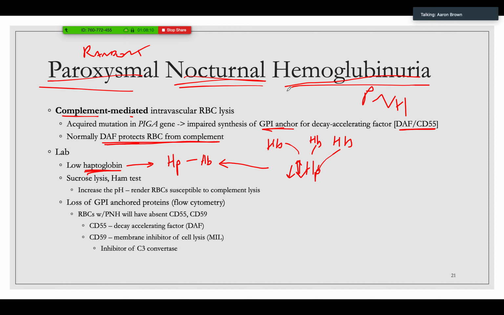That's the case here with this complement-mediated red blood cell lysis. It's also going to be the case when we talk about hemolytic anemia. When you have hemolysis, that means you're destroying red blood cells, and you're going to be releasing hemoglobin. It'll be the case there. Okay. Questions?